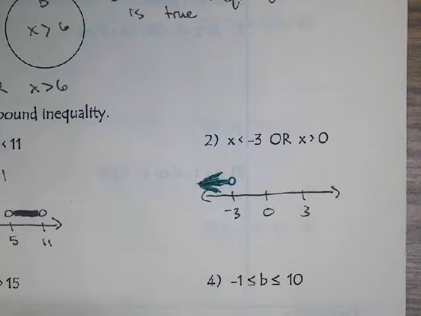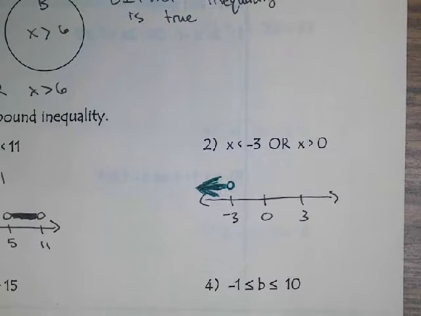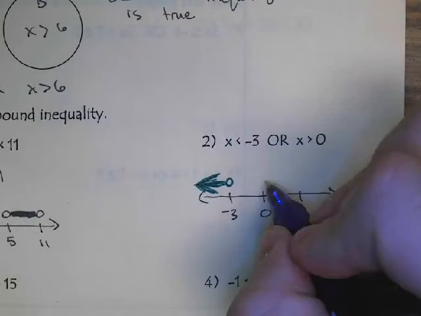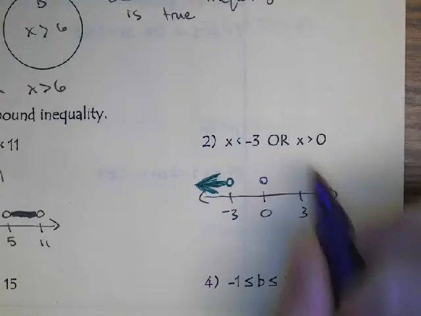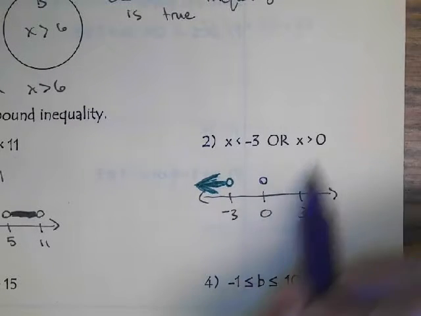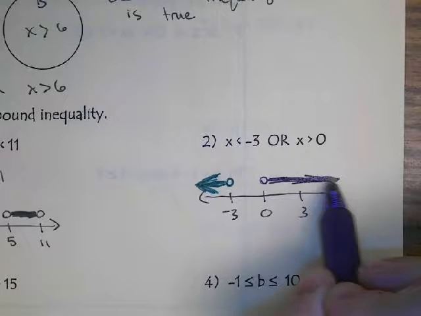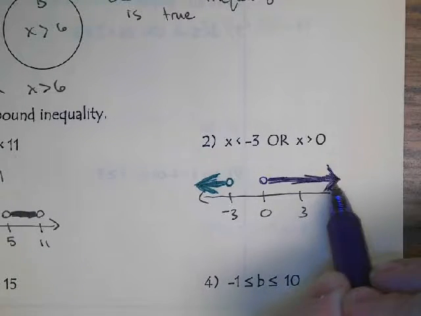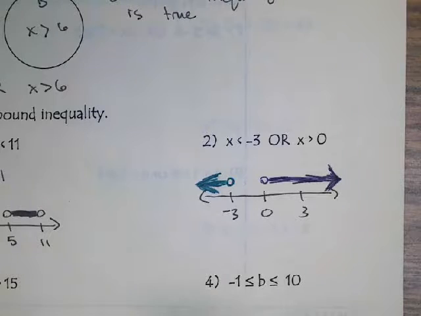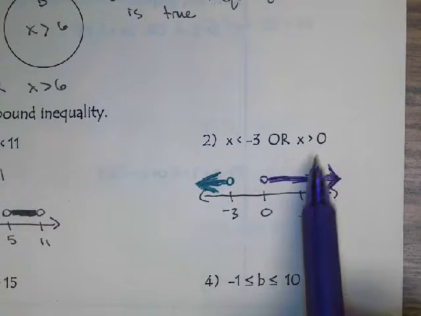I can have any number that's less than -3, -1 billion, for instance. And then at x equals 0, we want to be greater than 0, not including 0, and then every number that's greater than 0. It can be 2, or it can be 47.3, any number greater than 0. And that's an "or" statement. Any number that satisfies one or the other will be fine.